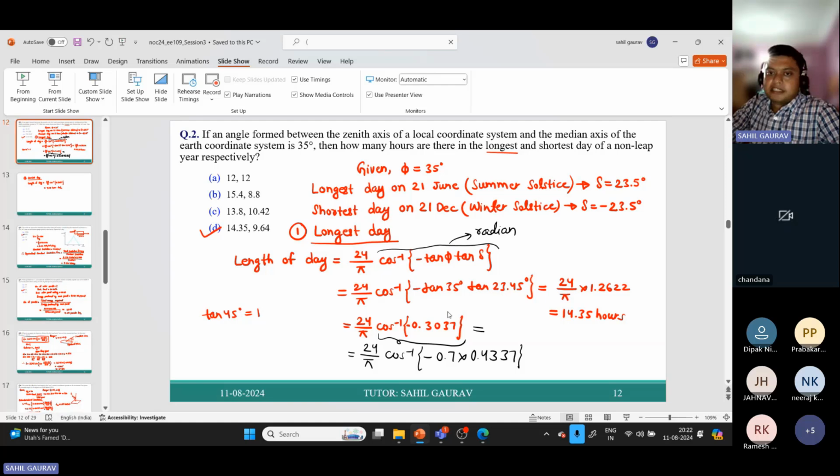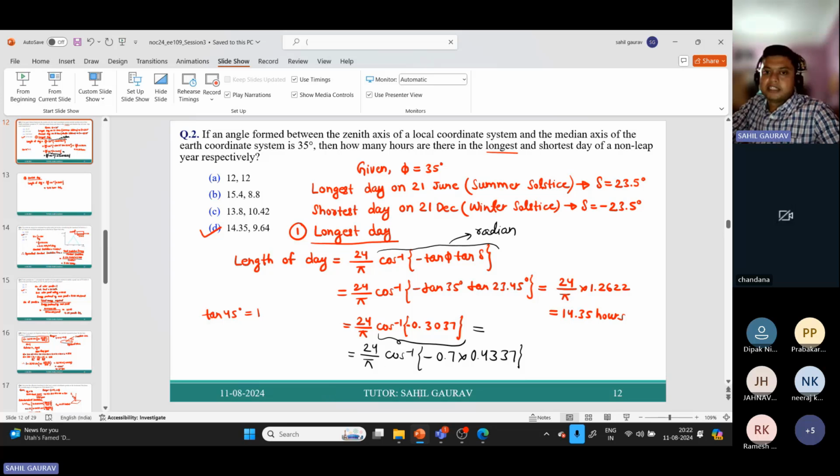If you put in degrees, you first have to set the calculator in degree mode, and after getting the term inside the cos inverse, you have to convert it again to radians to get the answer of cos inverse in radians. If you get the answer as 1.2622, just multiply it with this and you will get the number of hours in a day. So just be careful about radians and degrees.